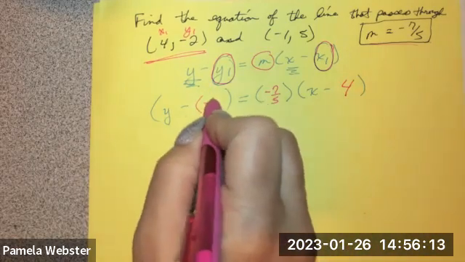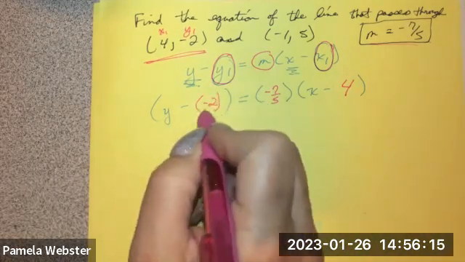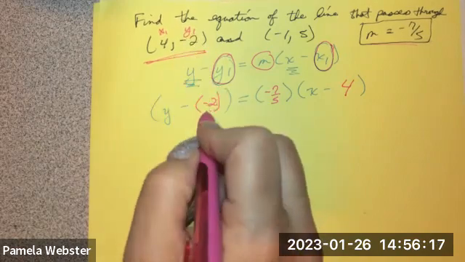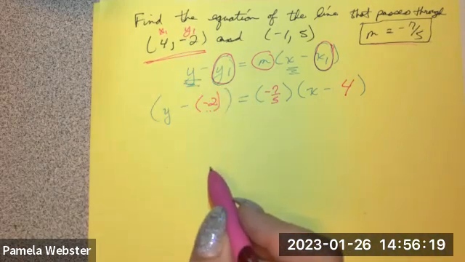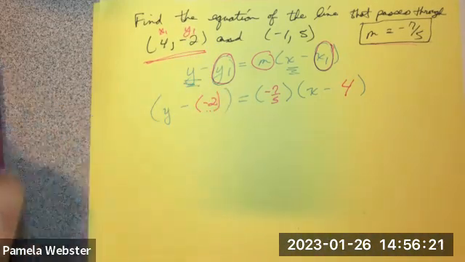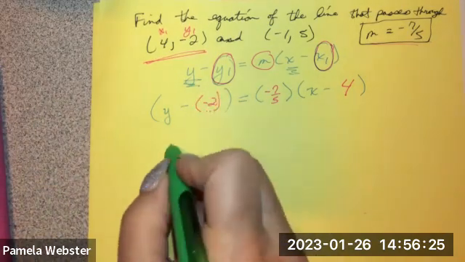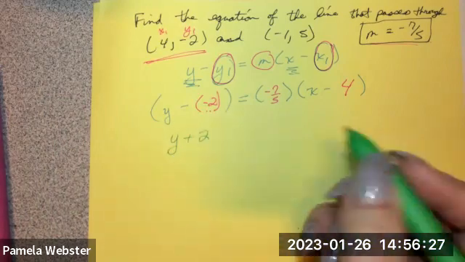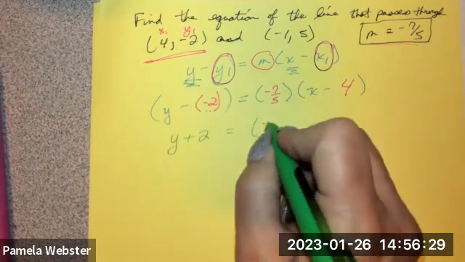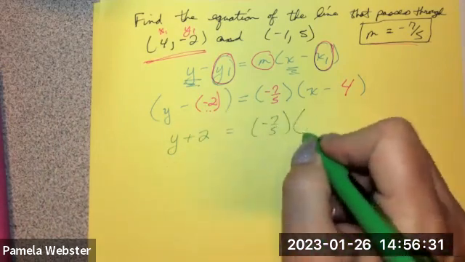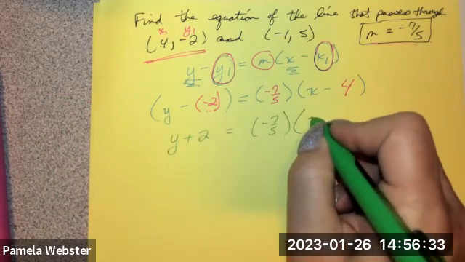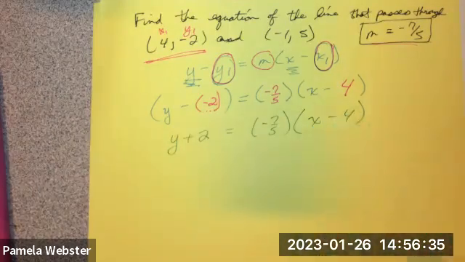And the y1 goes with the y; it's a -2 because the point was a -2. As we simplify, a negative and a negative is going to be a positive. So y plus 2 equals, I'm going to leave this -7/5 out here, times x minus 4.